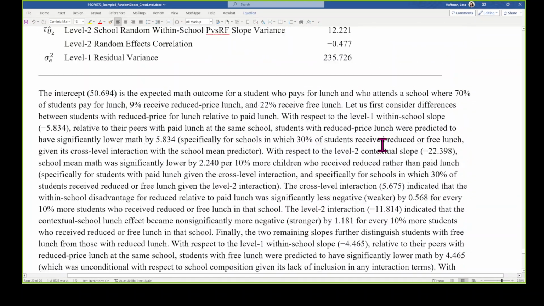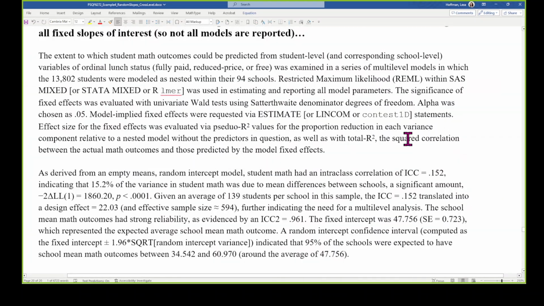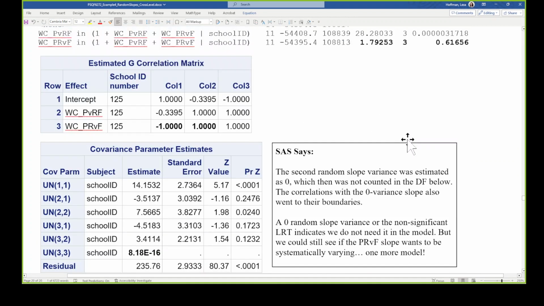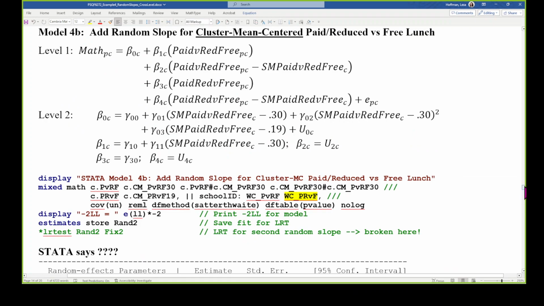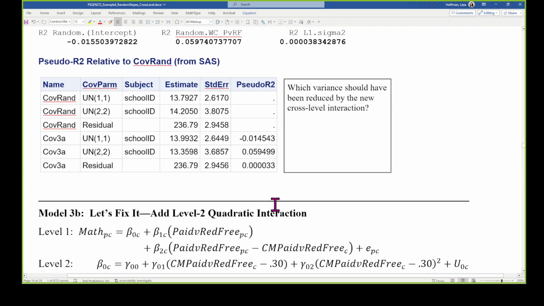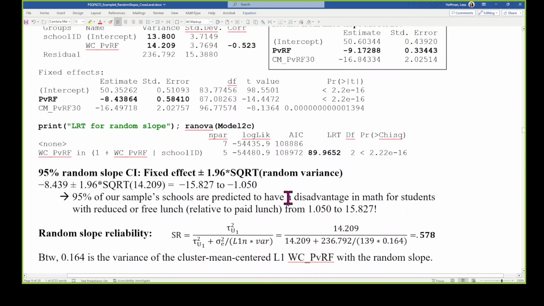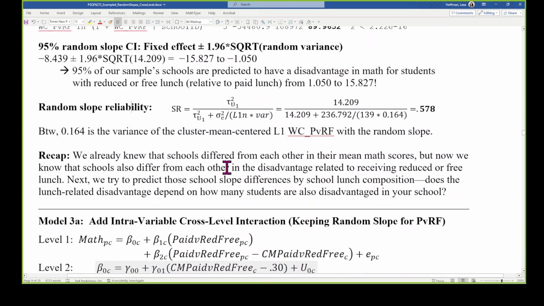Yes, so the things that I fixed in this handout, by the way, with respect to doing homework, I computed slope reliability incorrectly, because I forgot that I'd switched out the binary version into the cluster mean centered version. So I updated this page right here. This is page 9.